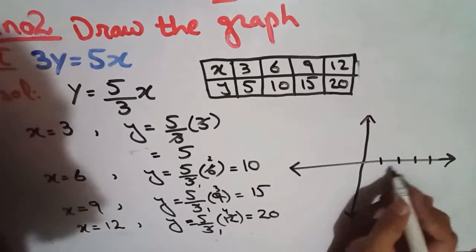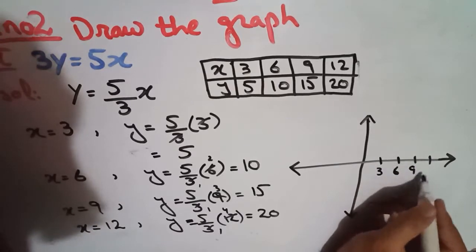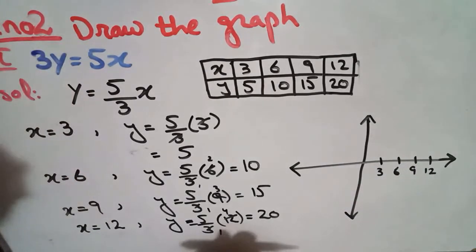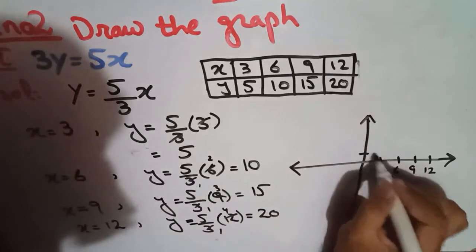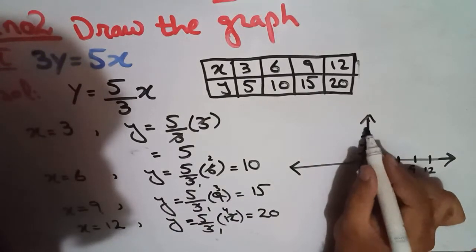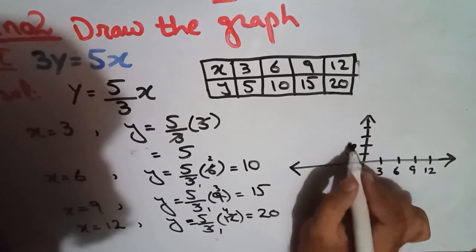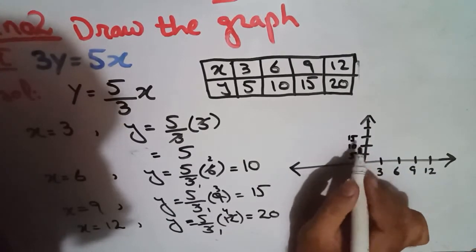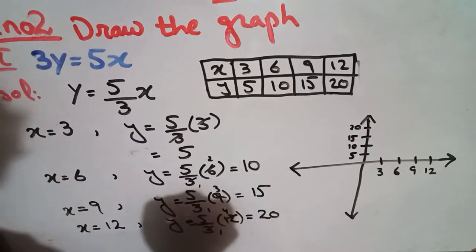So these intervals contain a gap of 3, and all the gaps are the same. Similarly for y, you can create 5, 10, 15, 20. So all these gaps contain an interval of 5, 10, 15 and 20 simply.